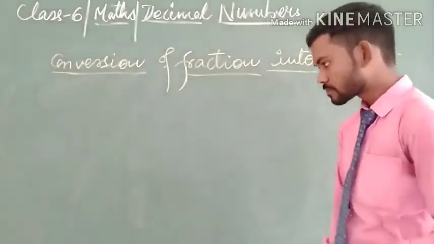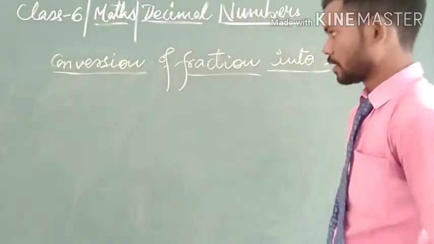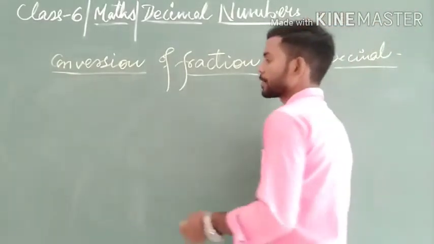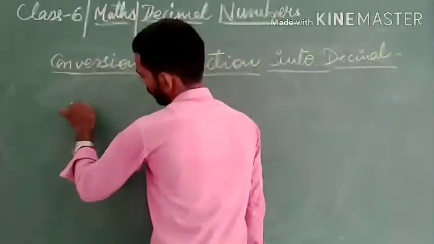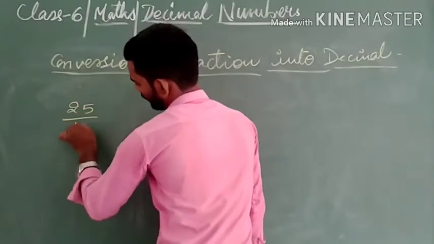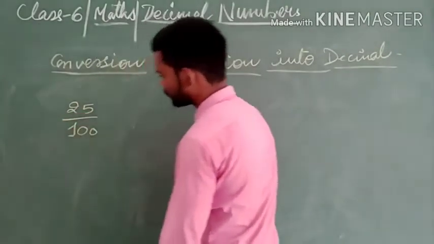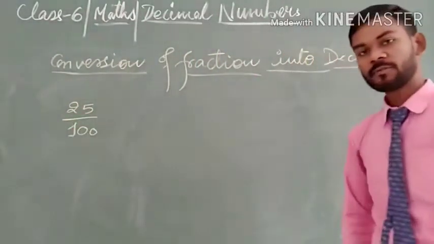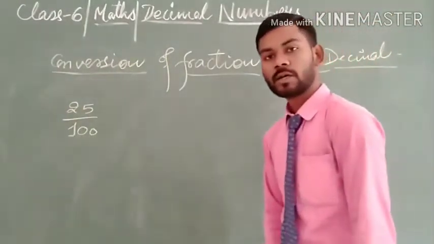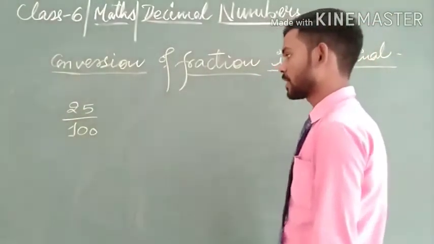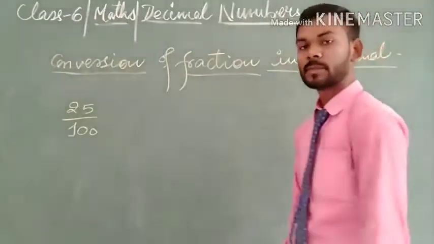Okay. So let us see, if there is a question given 25 upon 100 and we have to convert it into the decimal number. So let's see how we do this.